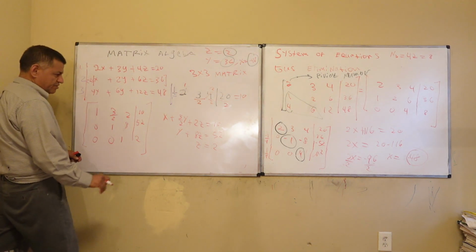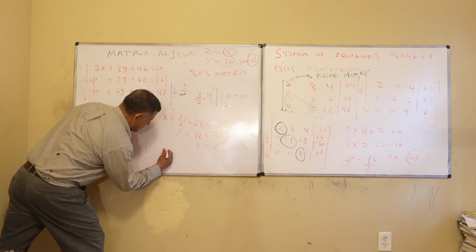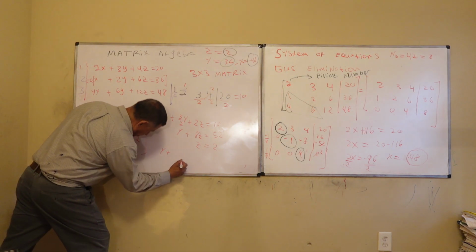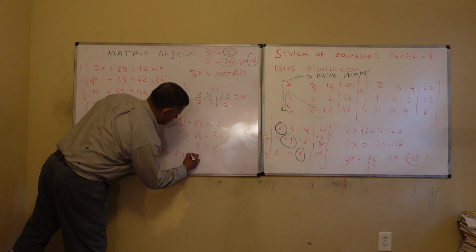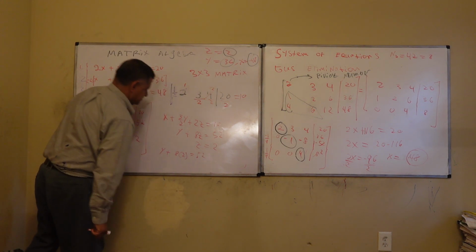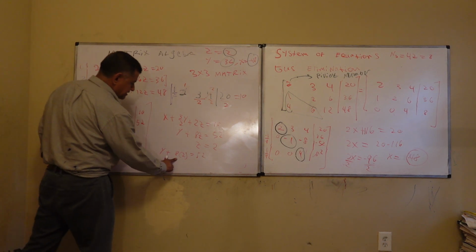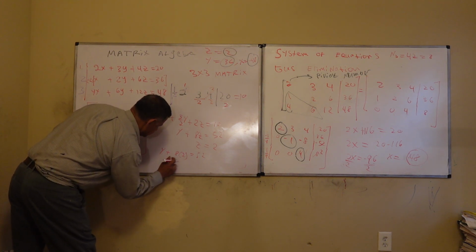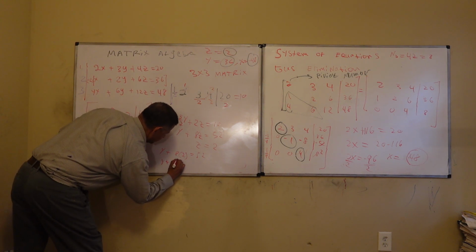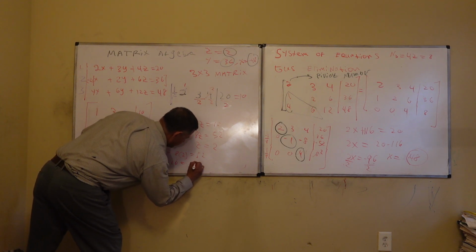Isn't that beautiful? So y plus 8 times 2 is equal to 52. This is 16. So y plus 16 is equal to 52.